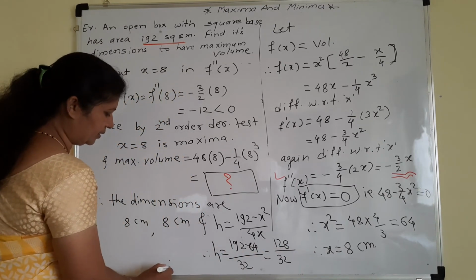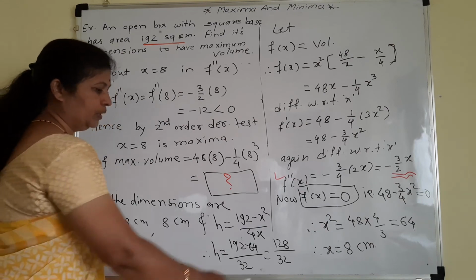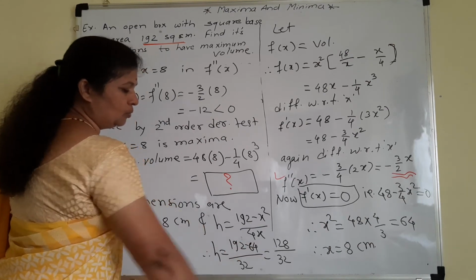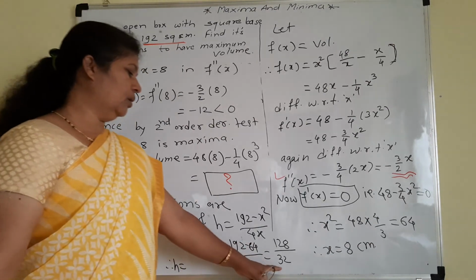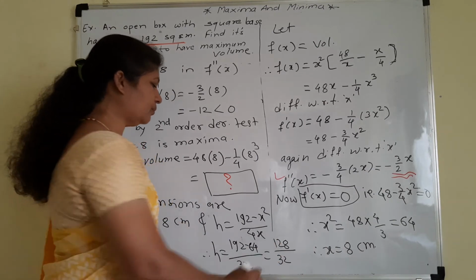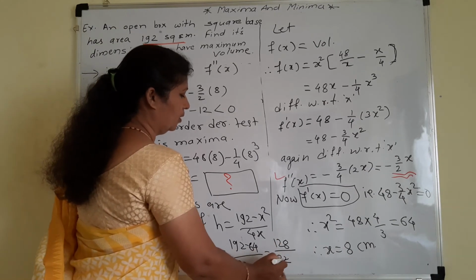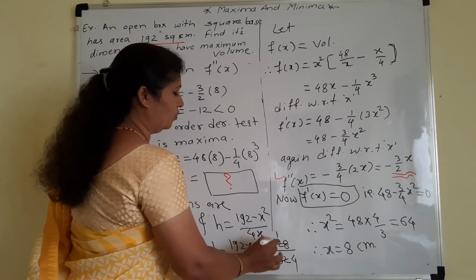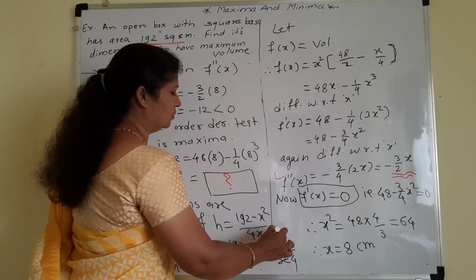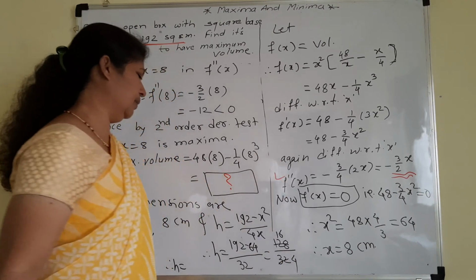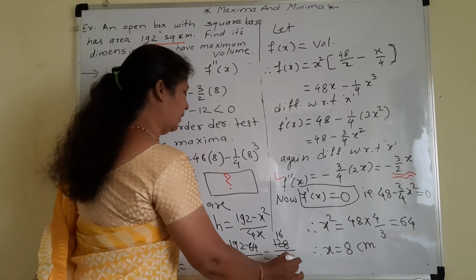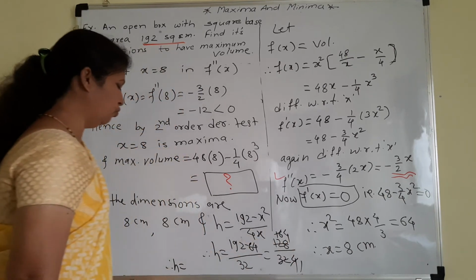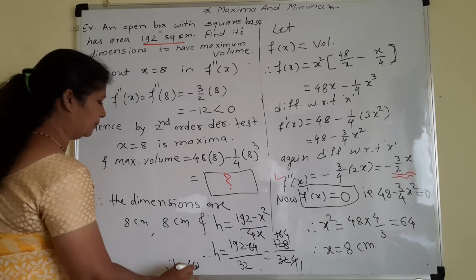Therefore h is equal to, divide by 32 or reduce. By reducing it you will get 4 centimeter.